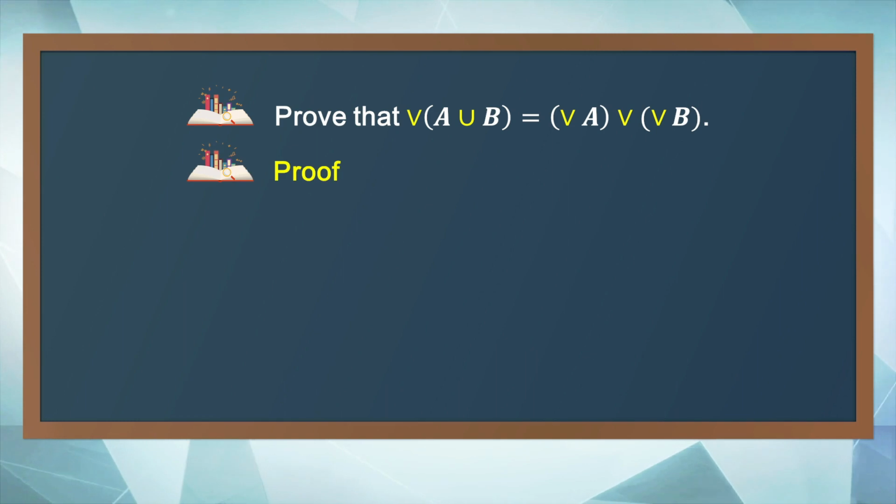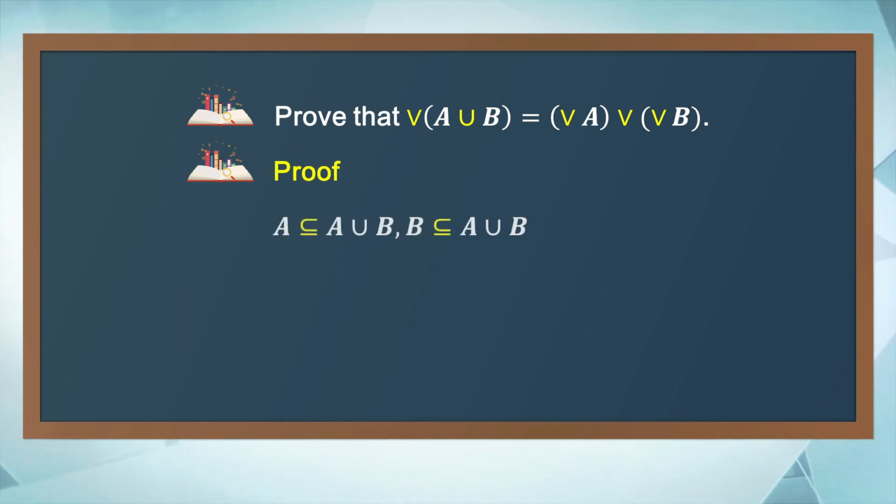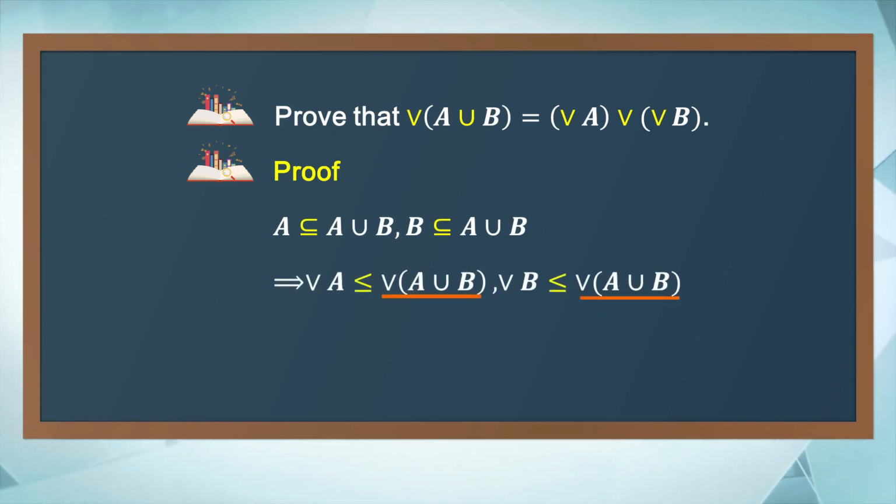Using the definition of the union of crisp sets, we have A is a subset of the union of A and B, and B is a subset of the union of A and B. By the above theorem, we have the supremum of A is less than or equal to the supremum of the union, and the supremum of B is less than or equal to the supremum of the union.